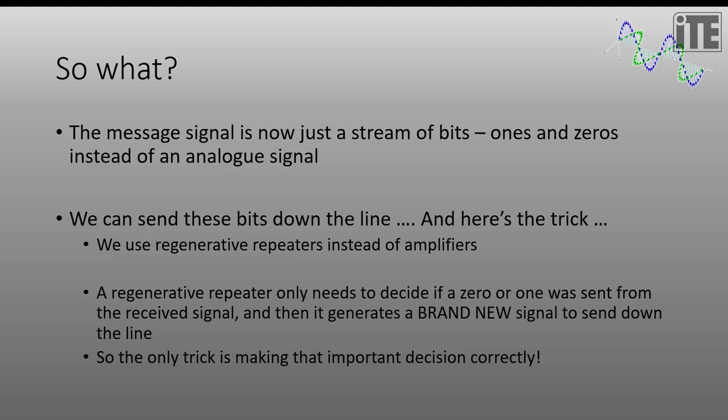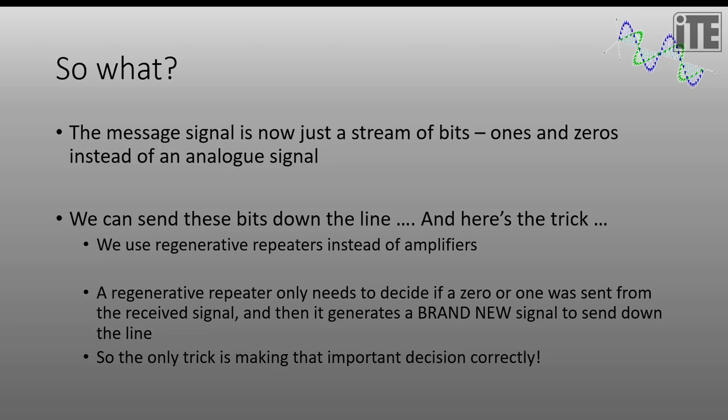A regenerative repeater only needs to decide if a 0 or 1 was sent from the received signal, and then it throws that received signal away and generates a brand new signal to send down the line. So we don't end up introducing noise or distortion into the signal.